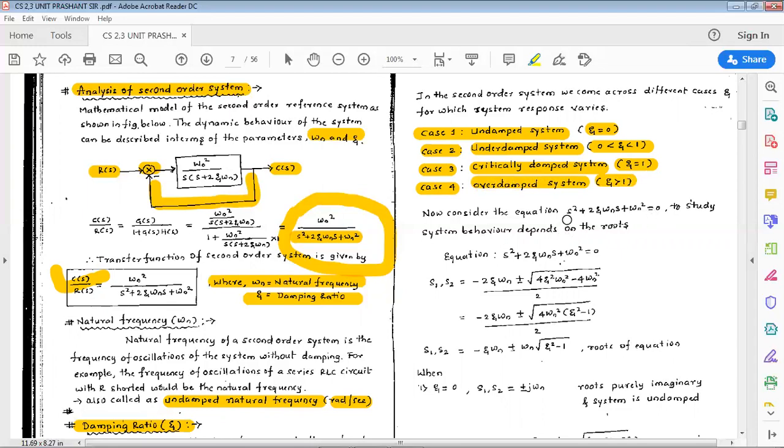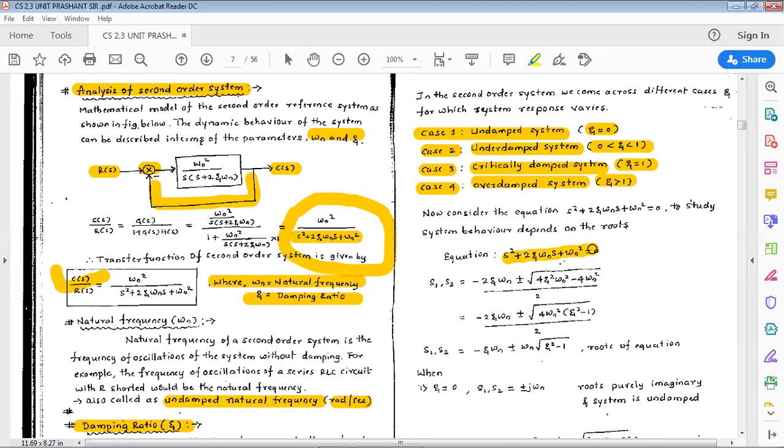Understanding? Now consider the system equation, that is the denominator of this transfer function, s square plus 2 zeta omega n s plus omega n square equal to 0. The system behavior depends upon the roots of this equation. So look at how exactly you get the roots.